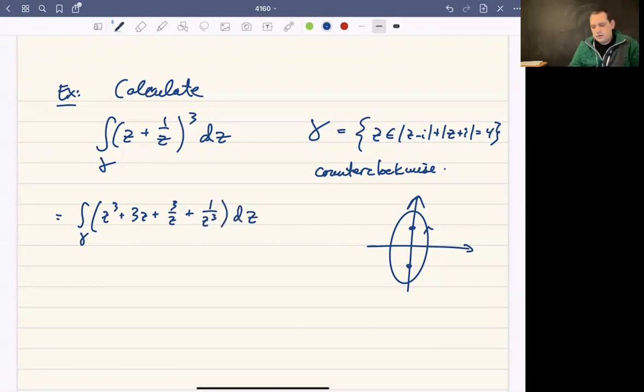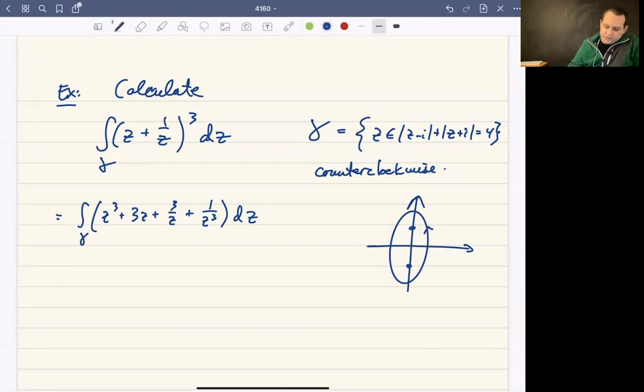And we're going to do the usual trick. The only place where we have to be careful is at the origin. So we can continuously deform our path into whatever path we want. And we've already seen that when you have 1 over z, or in this case 3 over z, the unit circle is going to work great. Actually, any circle of any radius is going to work great.